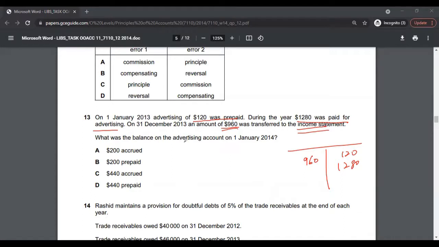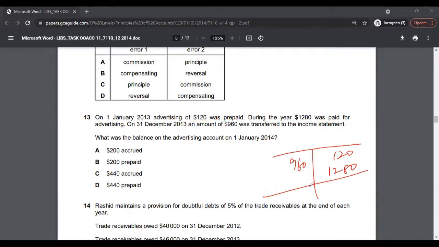What was the balance on the advertising account on 1st January 2014? So if you just do the maths in here, you will actually come to a prepaid balance of $440. So the answer to multiple choice 13 is option D.